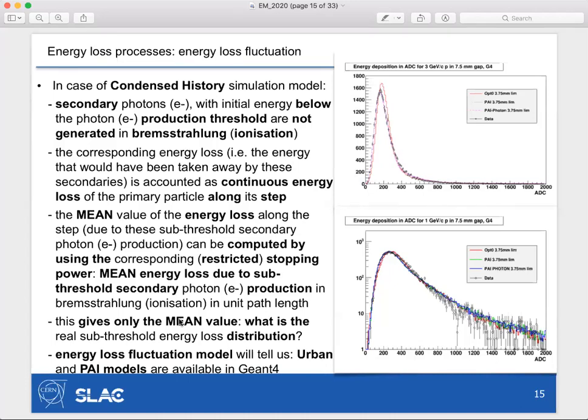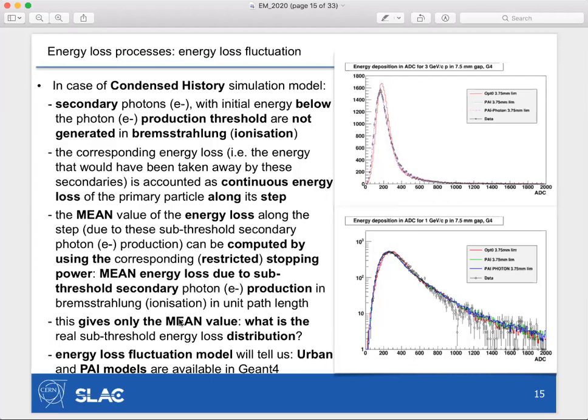I show this just for completeness, and it's also good to keep in mind. There is a UI command with which you can run the simulation with the energy loss fluctuation model turned off. So in this case of silicon, if you were there with me in January and already have this simulation, you can turn the fluctuation on and off with the UI command.